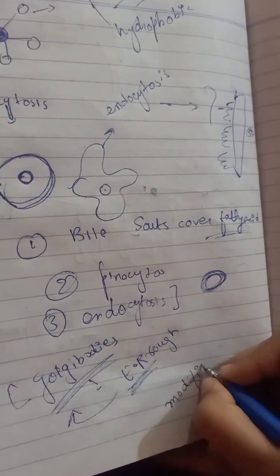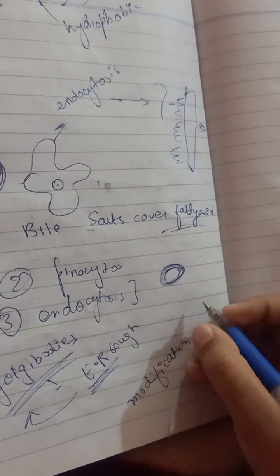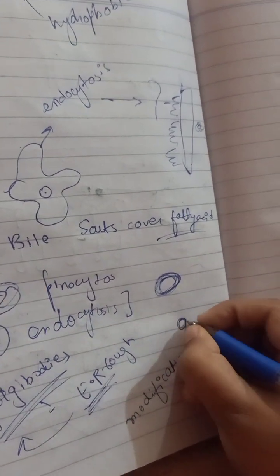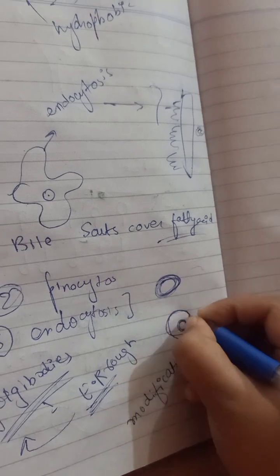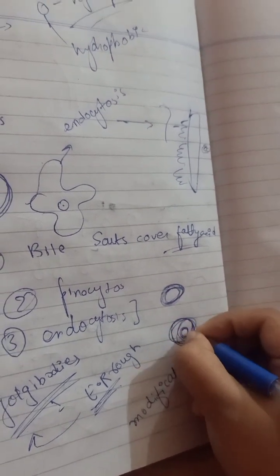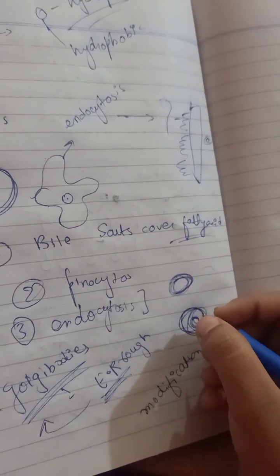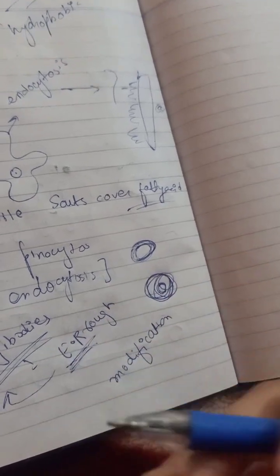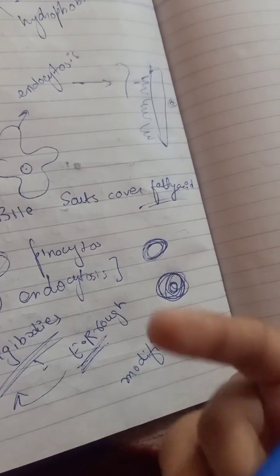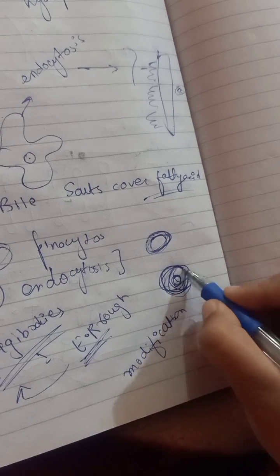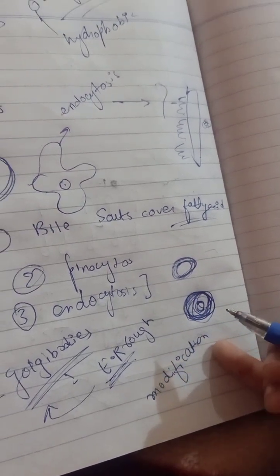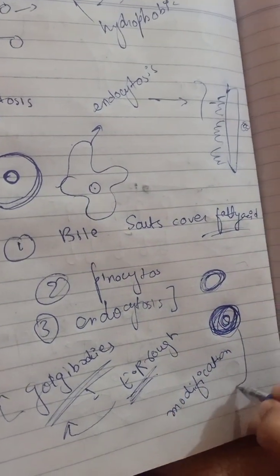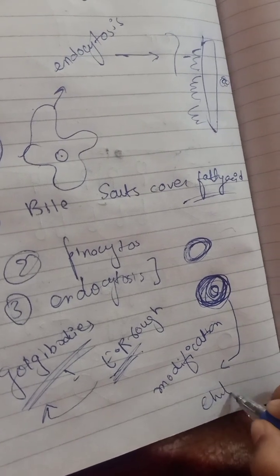For example, this was the molecule, and there is the covering. This covering is done by the Golgi body, because the work of the Golgi body is to make vesicles surround any kind of molecule. So here you can see the vesicle is produced. That particle we call a chylomicron.